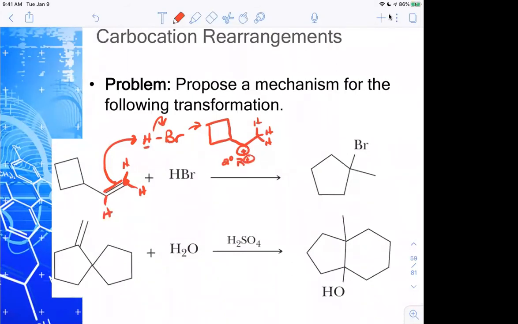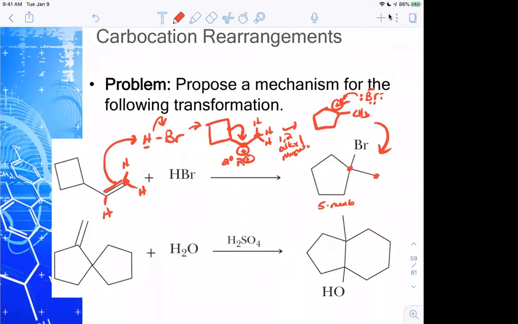Notice I have a 5-membered ring here, and this is the carbon that's next to the methyl. So here's my methyl and here's this carbon. So what happens is this entire group is going to shift, and what I'm going to get is a 1,2 alkyl migration. And I'm going to end up with this carbocation. And now my bromine is just going to form the new bond to get to that product.